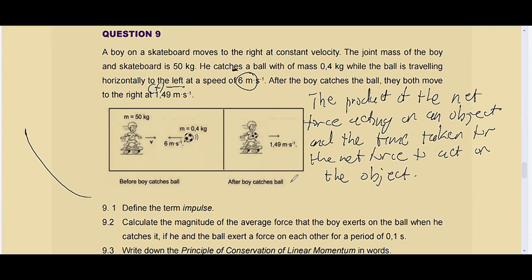So that becomes your definition for the impulse, the product of the net force acting on an object and the time taken for the net force to act on the object, right?